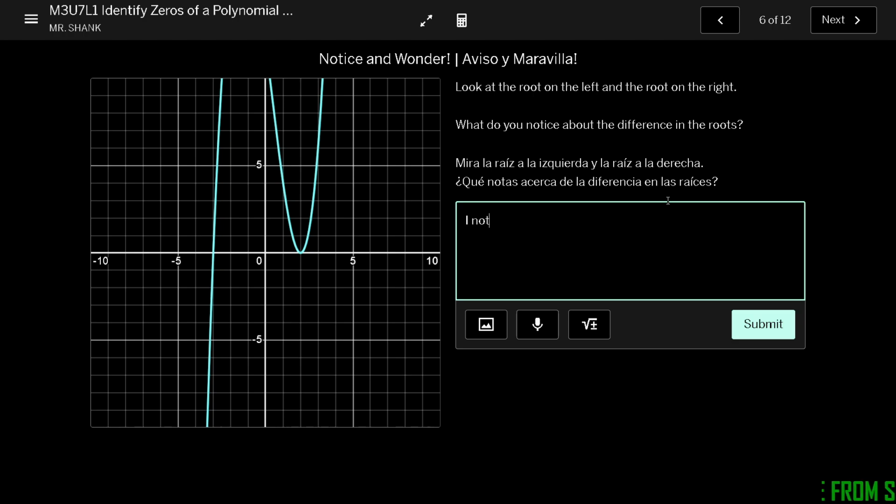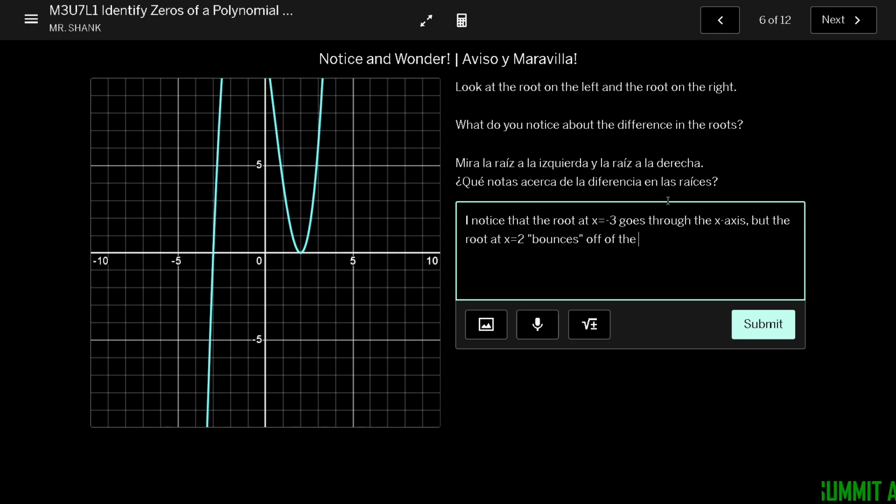I notice that the root at x equals -3 goes through the x-axis, but the root at x equals +2 bounces off of the x-axis.